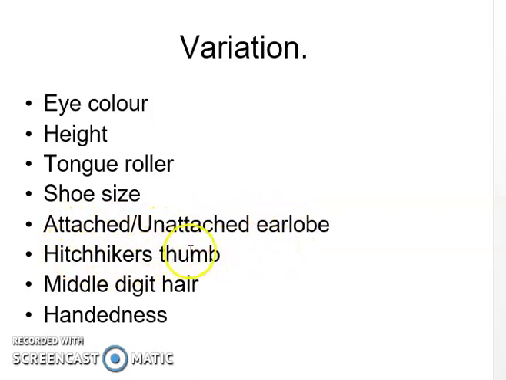Do you have a hitchhiker's thumb? Middle digit hair. So what that is, if you look at your longest finger on your hand, and if you look at your two knuckles, it's the bit in between that. If you turn it up to the light, you'll see a tiny, tiny little hair.